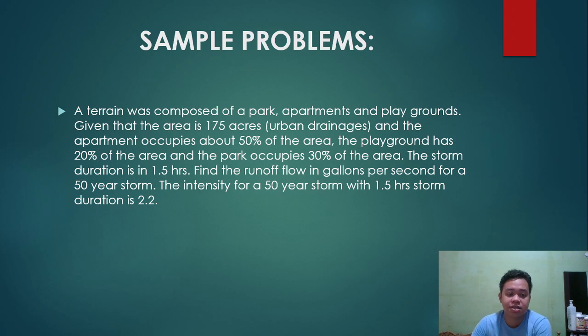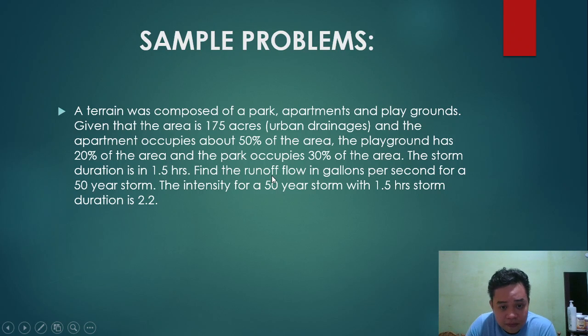Next, a terrain was composed of apartments, and playgrounds. Given that the area is 175 acres, urban with urban drainages, and the apartment occupies about 50% of the area, the playground has 20% of the area, and the park occupies 30% of the area. The storm duration is 1.5 hours.